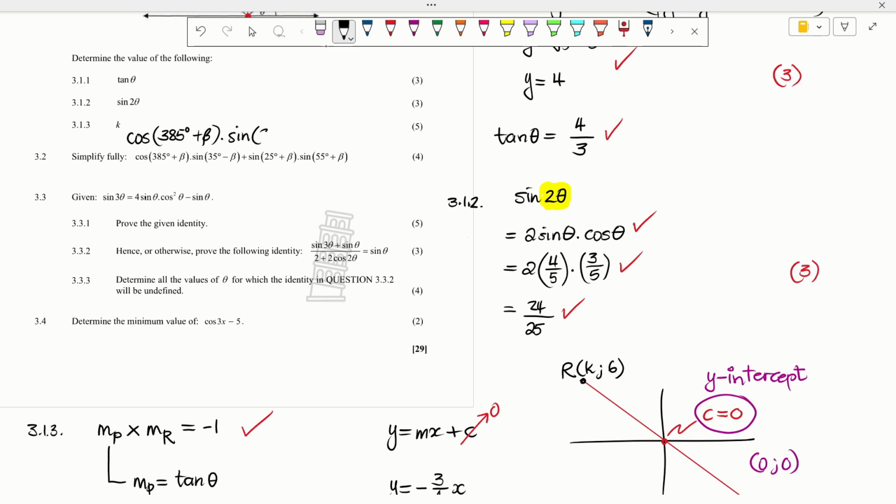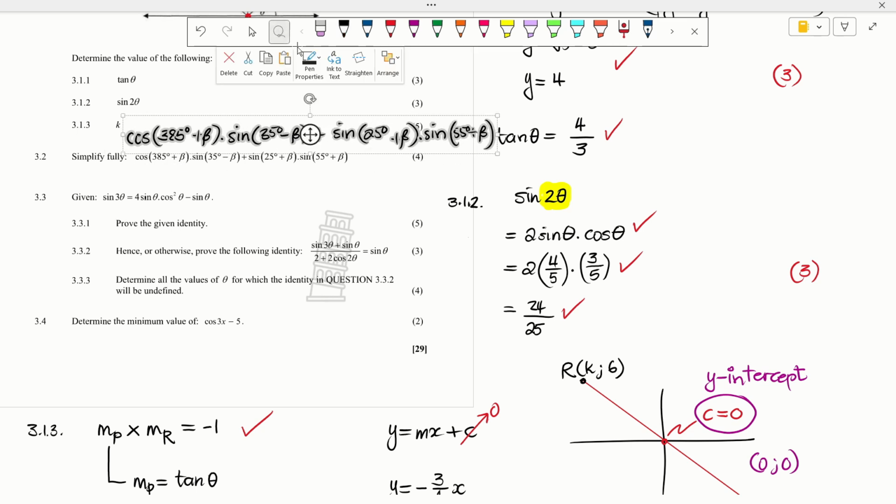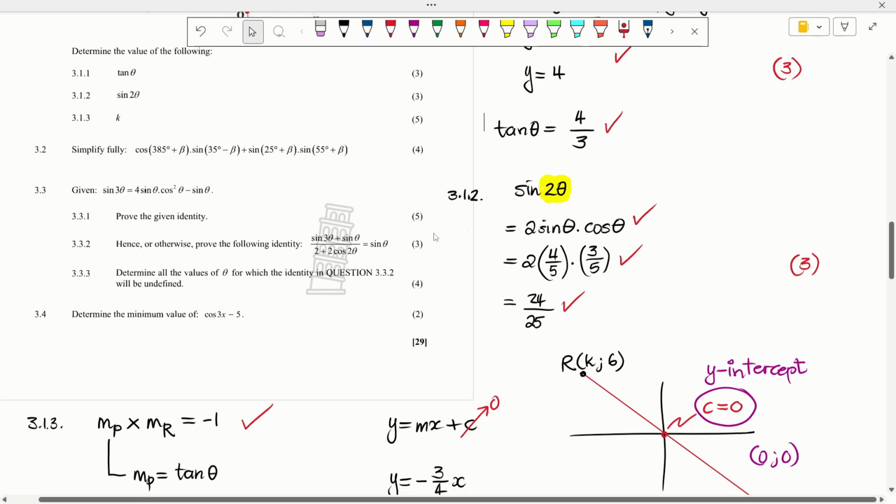Sine of (35 degrees minus beta) plus sine of (25 degrees plus beta), multiplied by sine of (55 degrees plus beta). Okay, then I'll just cut that and put it on a fresh page.